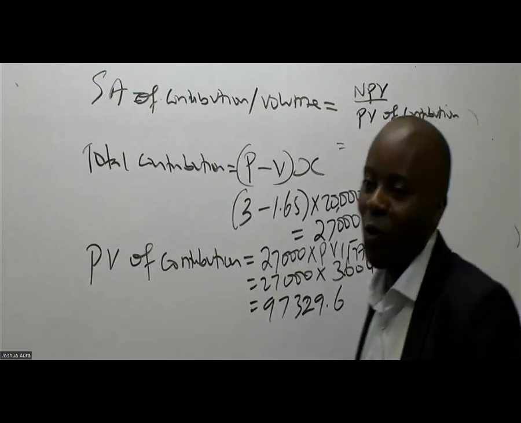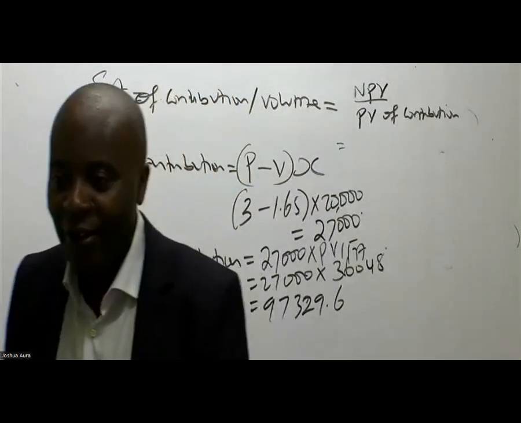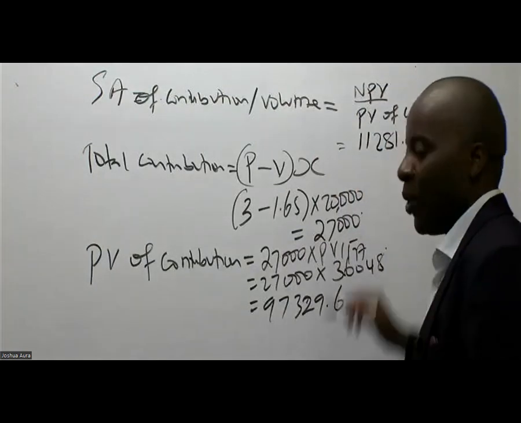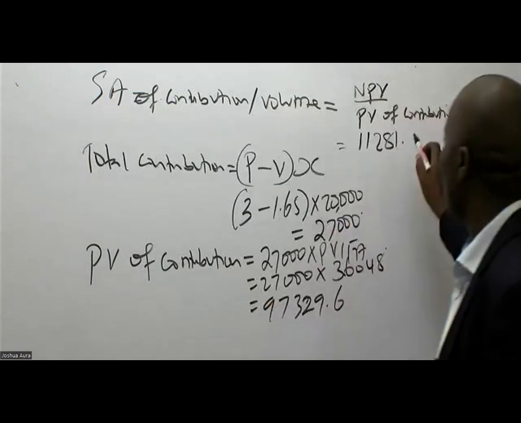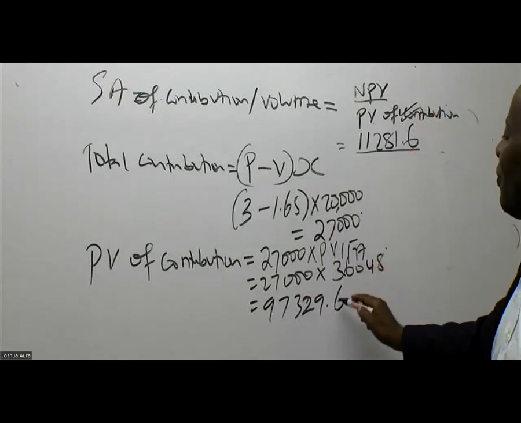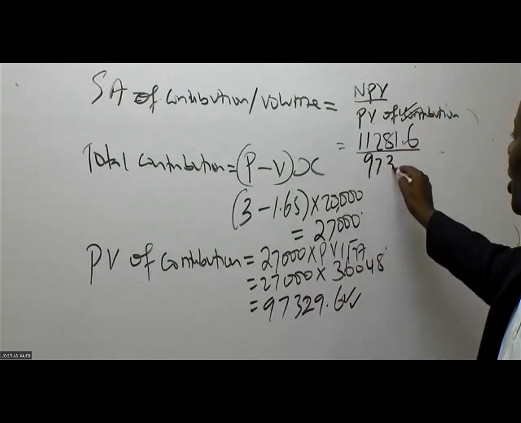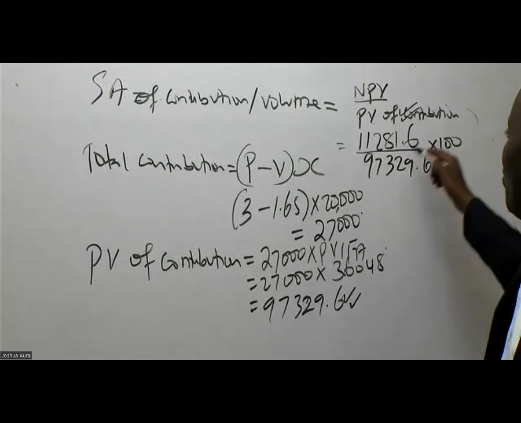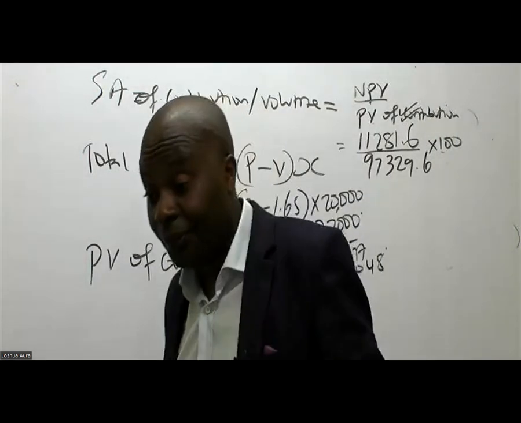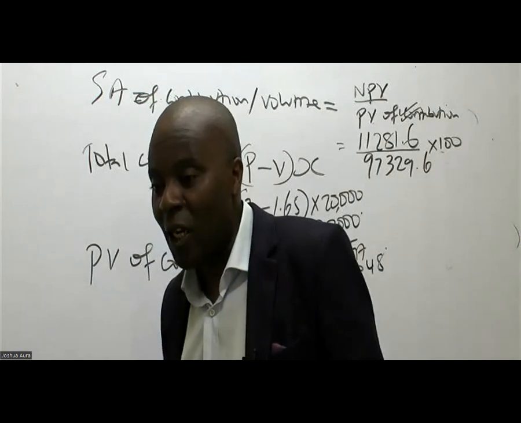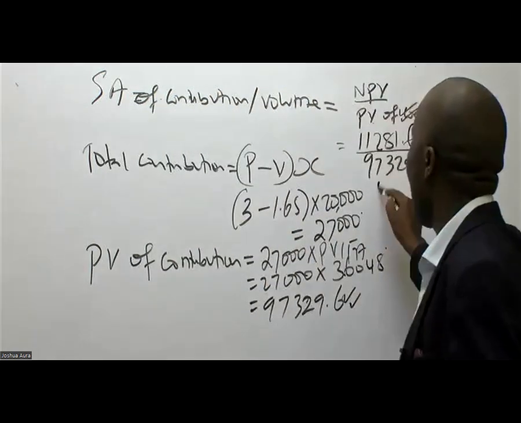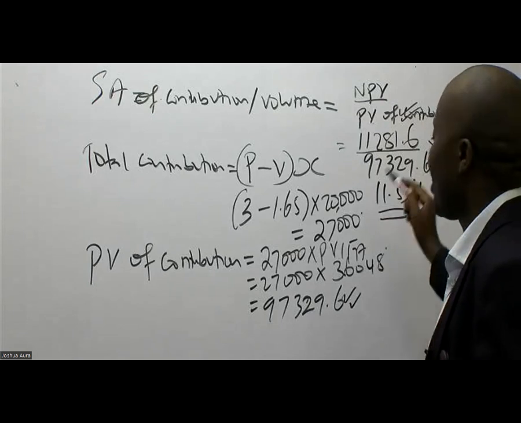It is 11,281.6. Divide this by the present value of contribution, 97,329.6, times 100. It is 0 point something, so change this to percentage. You're getting 11.59%. Thank you so much.